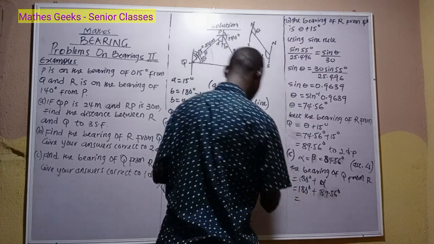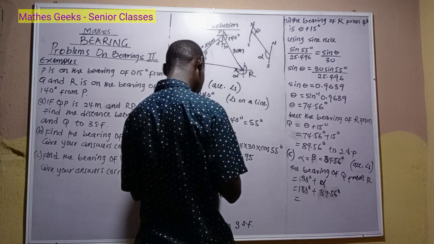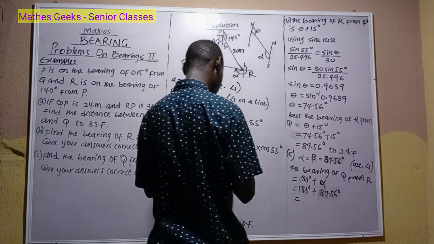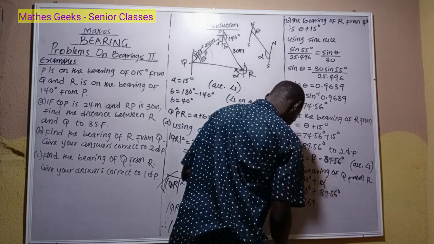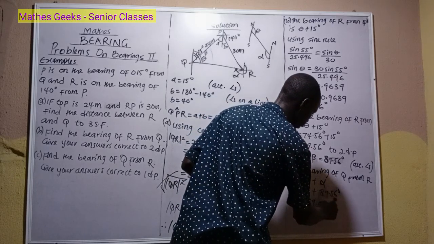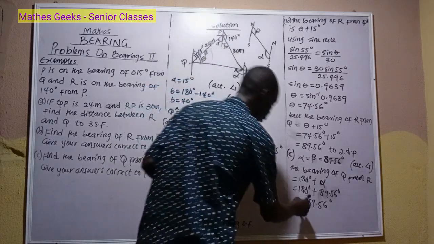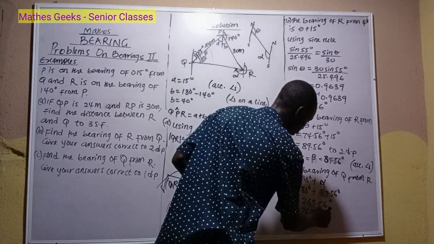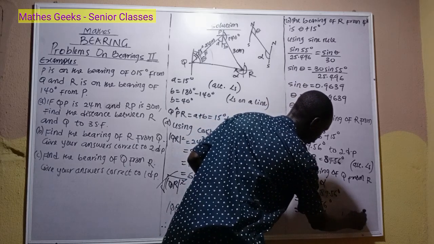So this will give us 180 degrees plus 89.56, 269.56 degrees. And it says correct to 1 decimal. So this will give us approximately 269.6 degrees to 1 decimal.